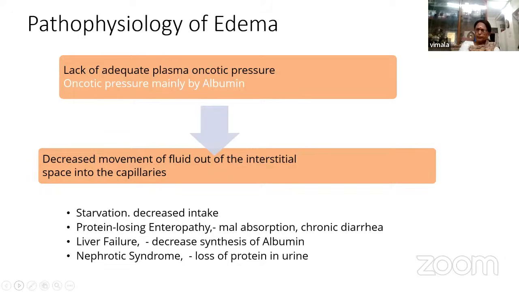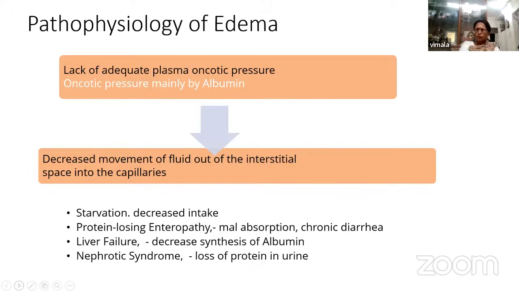Nowadays it has disappeared because of governmental policies and many charity organizations. Enough protein is given to the children, so nobody starves. So there is a decreased intake, there is malnutrition, which is a disappearing entity now.